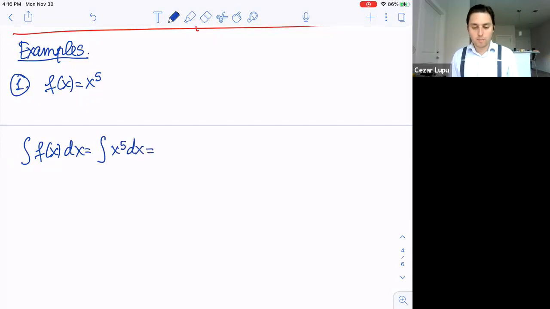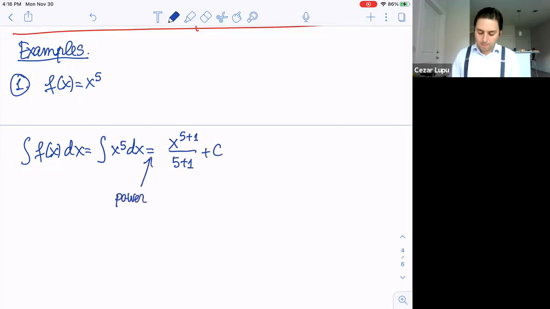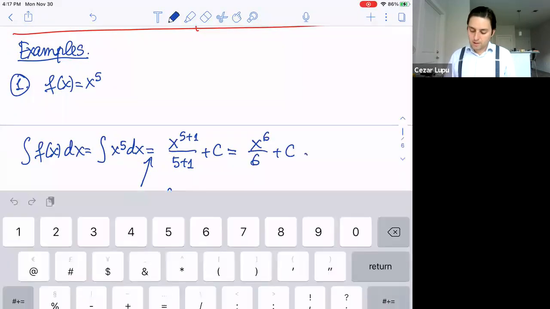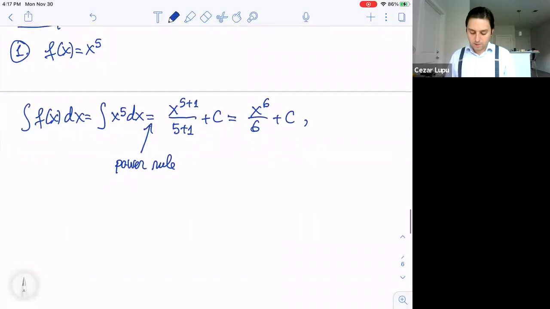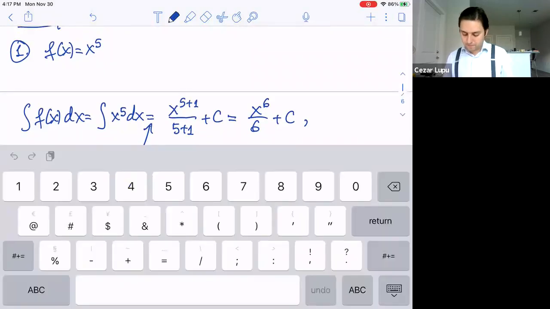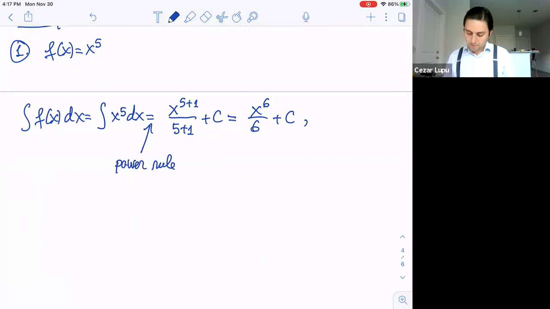And now if you look at the power rule, this will be x to the power 5 plus 1 over 5 plus 1 plus c. So here we apply the power rule. And this will be nothing else than just x to the power 6 over 6 plus our constant c. So c is an arbitrary constant.